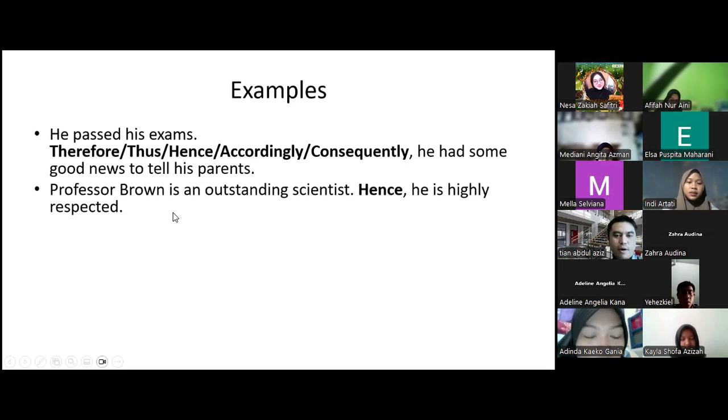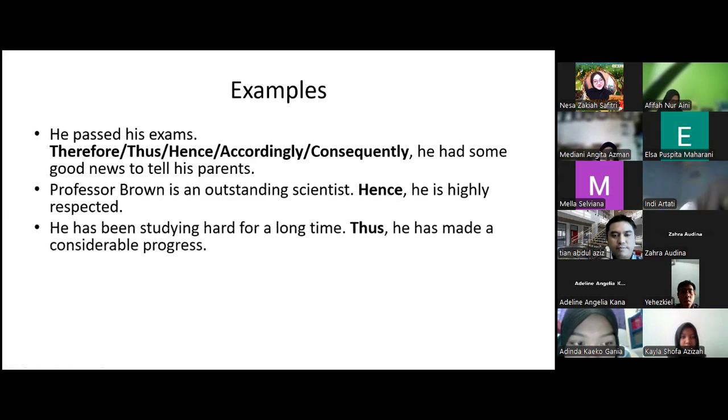Professor Brown is an outstanding scientist. As a result, or hence, or therefore, he is highly respected. Highly respected is the result from the first sentence. This is an expected result.